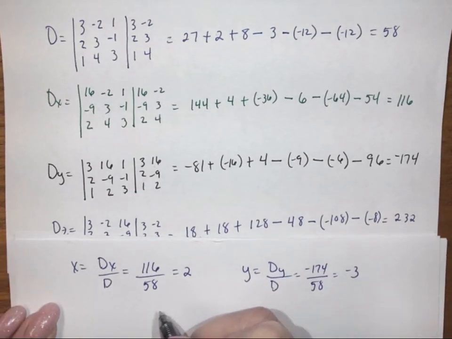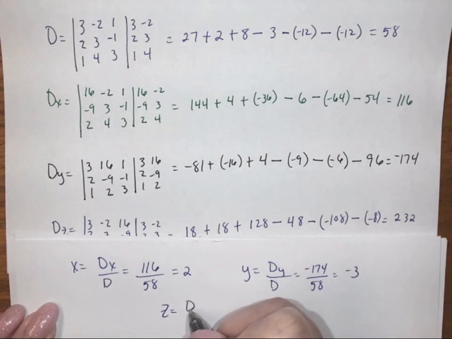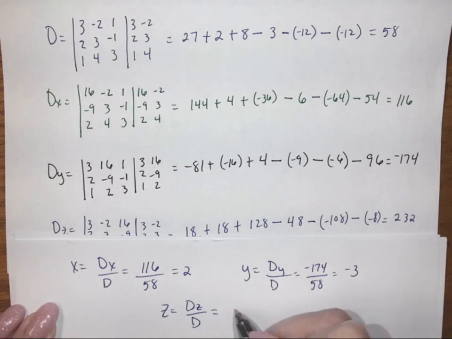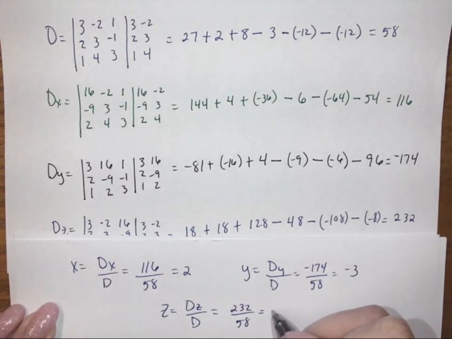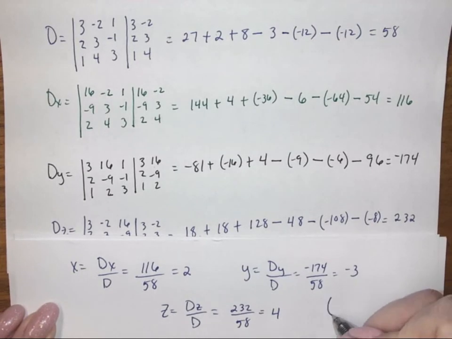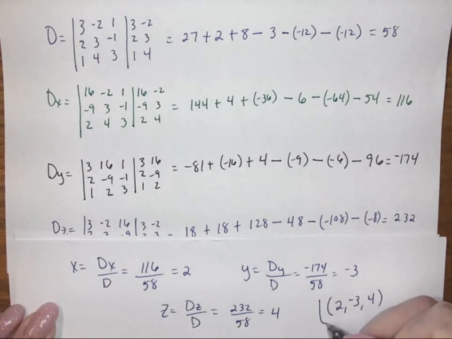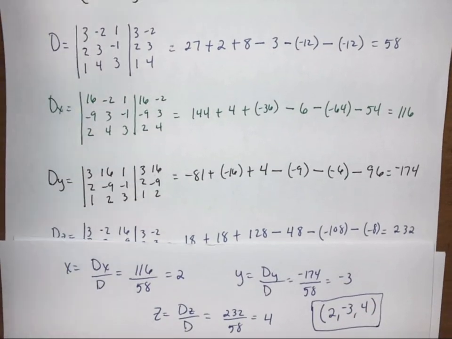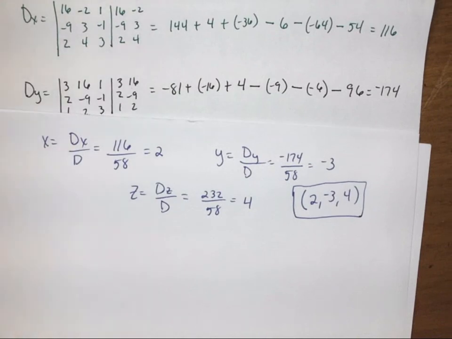And our z will be dz divided by d, which will be 232 divided by 58, which will be 4. So our answer is 2, negative 3, 4 in an ordered triple, because that is your final answer, and it needs to be in that triple.